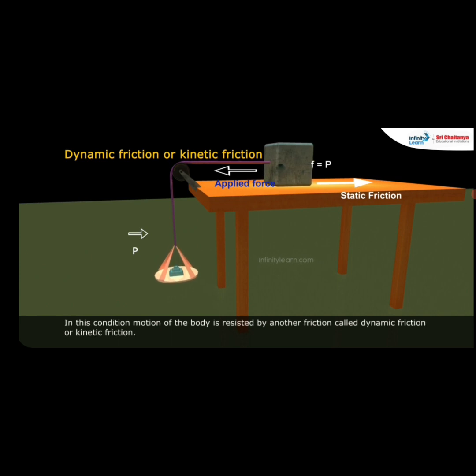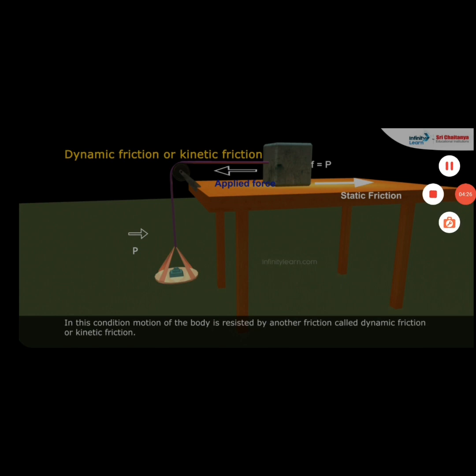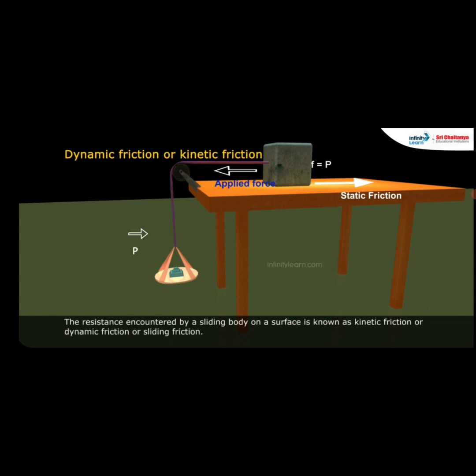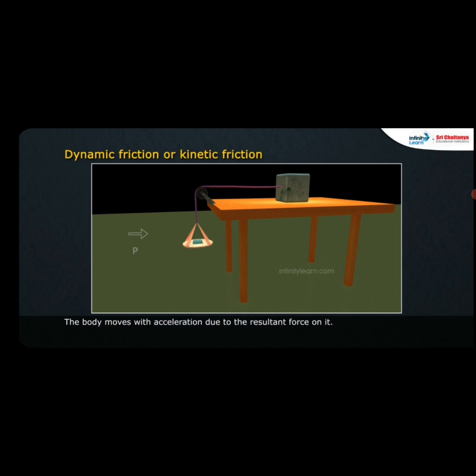In this condition, motion of the body is resisted by another friction called dynamic friction or kinetic friction. The resistance encountered by a sliding body on a surface is known as kinetic friction or dynamic friction or sliding friction. The body moves with acceleration due to the resultant force on it.